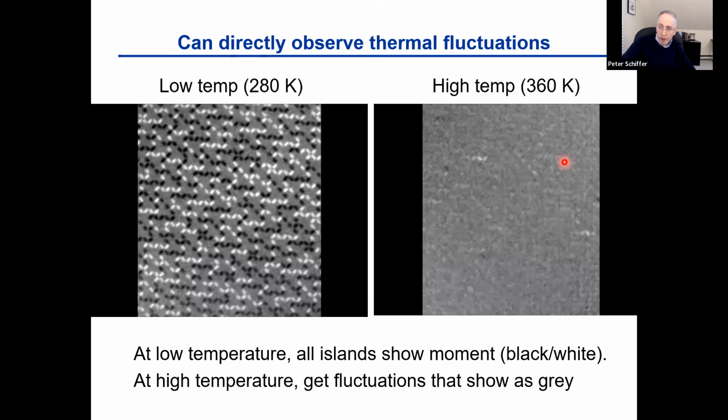And one of the fun things about PEEM is that because you take images roughly once every 30 seconds, you can get a beautiful sense of the thermal fluctuation. So at low temperature, they're frozen. You go to high temperature, they're fluctuating faster than the imaging time. And so you can actually witness the thermal fluctuations, because here things are moving faster than you can image.